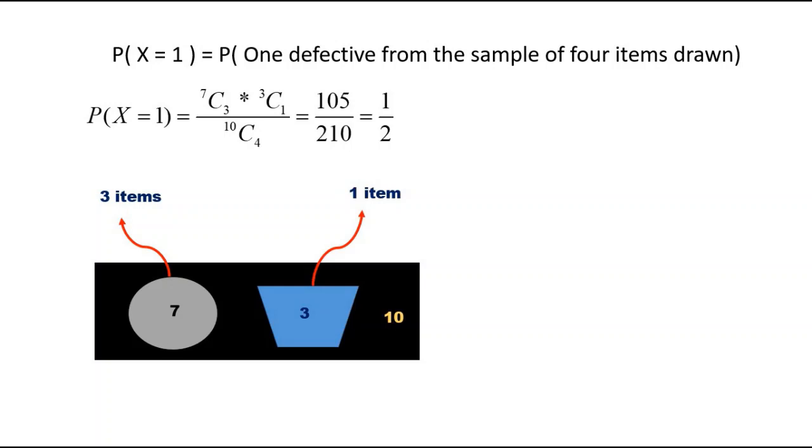Therefore, probability of X equal to 1 will be 7C3 into 3C1. Remember, the total must be 4 because we have only a sample of 4 items. So 3 items plus 1 item gives 4 items, and the probability will be 7C3 into 3C1 divided by the total number of possibilities, 10C4, which is 1 by 2.